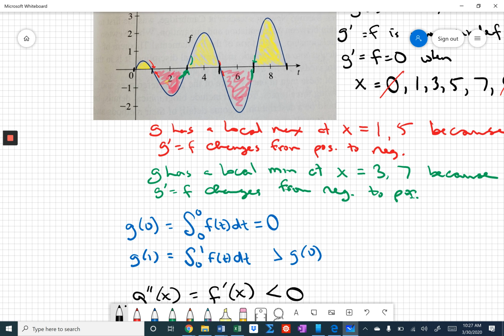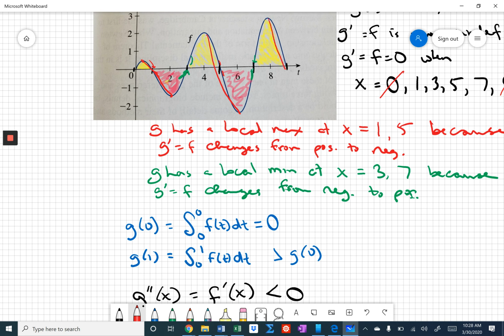So where's f decreasing? Well, let's use midpoints here just for approximations. 1/2 to 2, and from 4 to 6, and from 8 to 9.